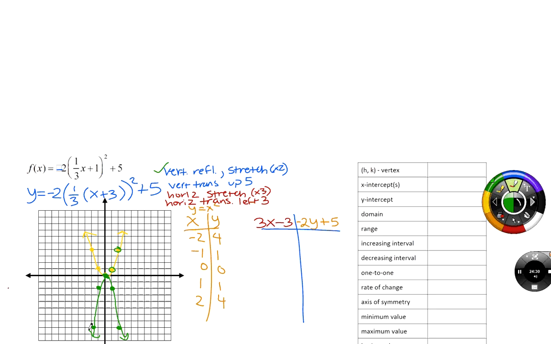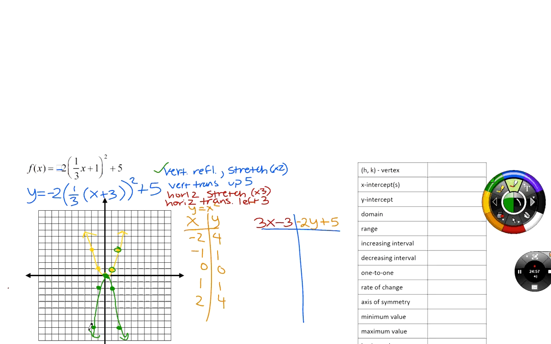Let's talk about this horizontal stretch, and we can just shift everything at the end. And again, when you guys get good at this, you can shift everything at the beginning. But if you shift your vertex at the beginning, because you should already know, where should our vertex end up being based on our h and k values? -3, 5, right? So a lot of people like to just go there first. That's great. But now when you do your vertical reflection, are you going to move the point negative 3, 5?